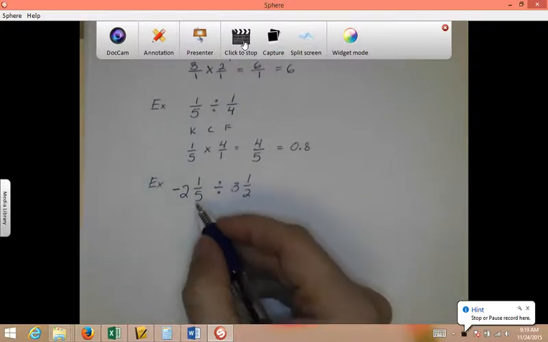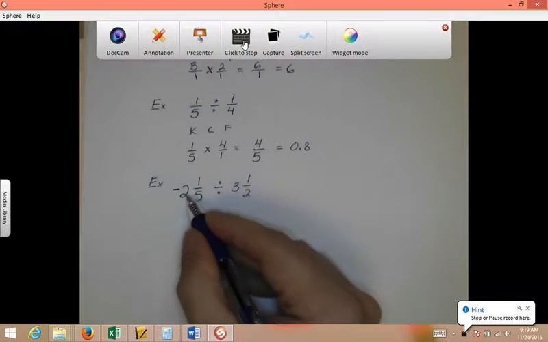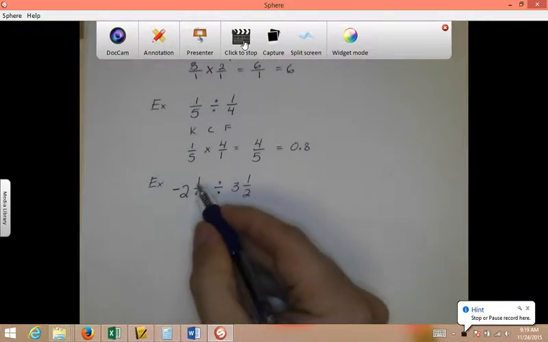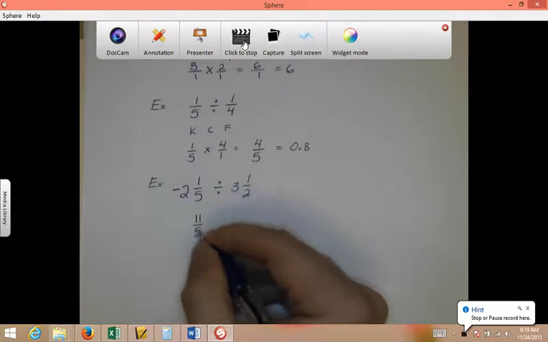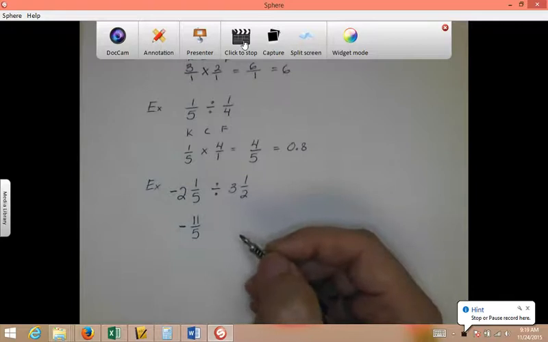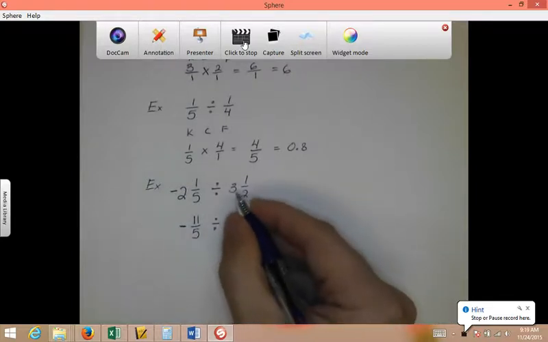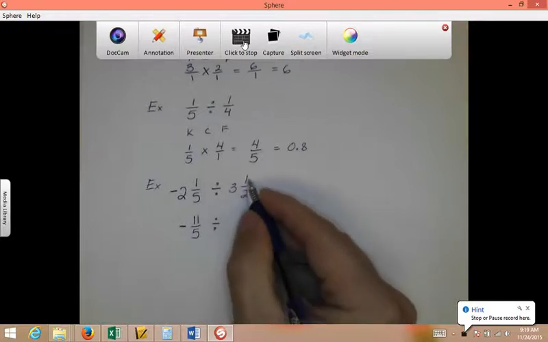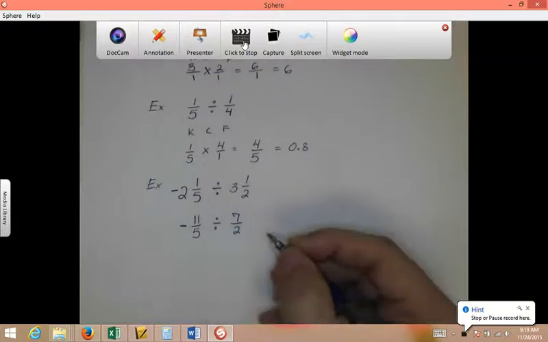So, first thing I have to do is turn these into improper fractions. 5 times 2 is 10, and 10 plus 1 is 11. So I have 11/5, and since this was negative here, this is negative here. Don't forget that. Divided by 2 times 3 is 6, and 6 plus 1 is 7. So 7/2.